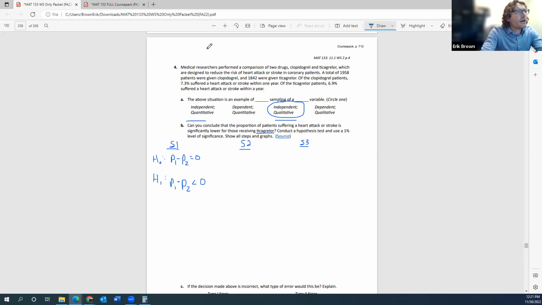So if we do it that way, what we're thinking about is T minus C. And if it's going to be lower, this should be a negative number, because this percent should be smaller than this percent. And so when you have a small number minus a positive big number, you get a negative number. Turns out if we switch the order, it would switch the inequality sign. Y'all with me on that?